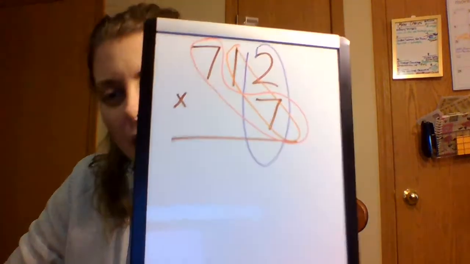Okay, one more. And then I think you guys can do it. You got this. Here we go. 712 times 7. Step 1. Step 2. Step 3. You got this.